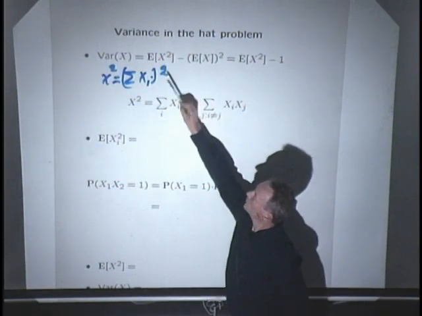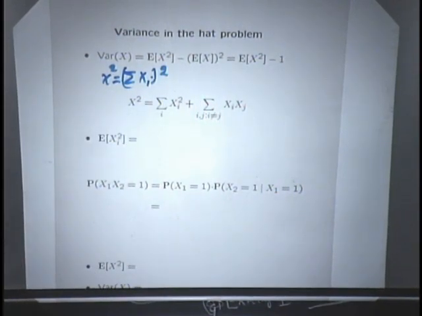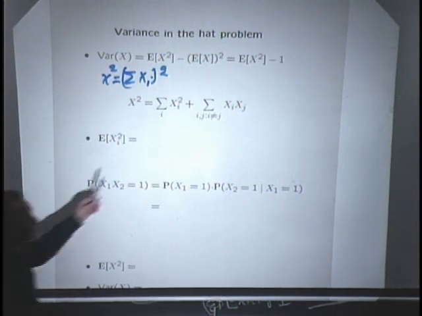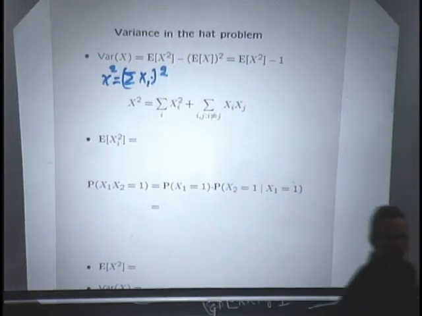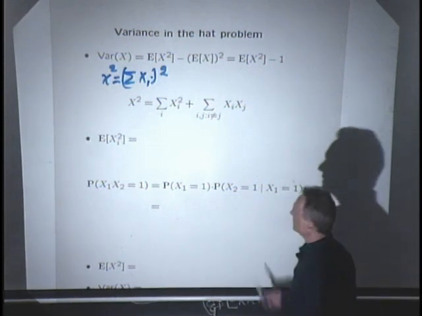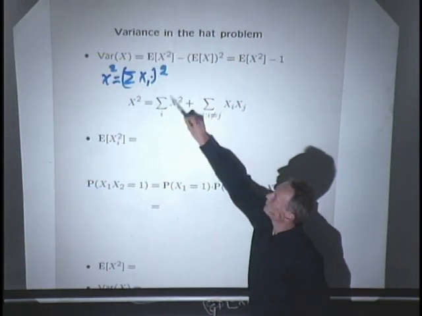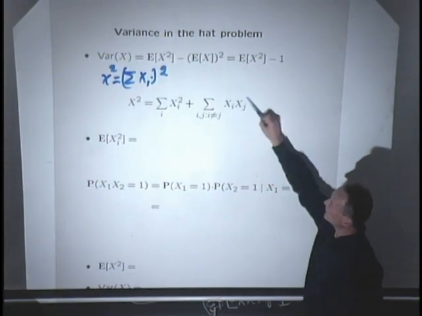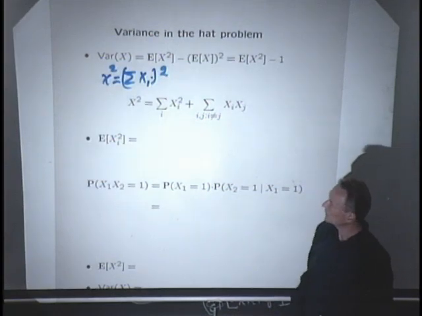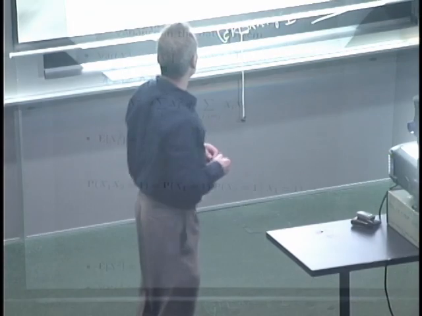And then you get all the cross terms. For every pair i, j that are different, i different than j, you're going to have a cross term in the sum. So in order to calculate the expected value of x squared, our task reduces to calculating the expected value of this term and calculating the expected value of that term. So let's do them one at a time. Expected value of xi squared, what is it going to be?